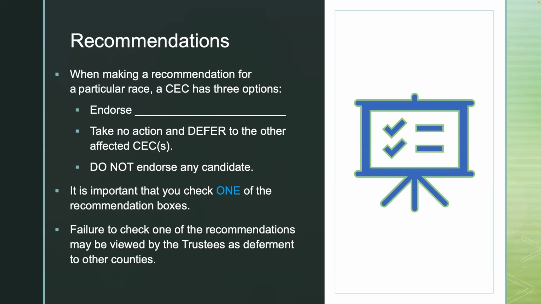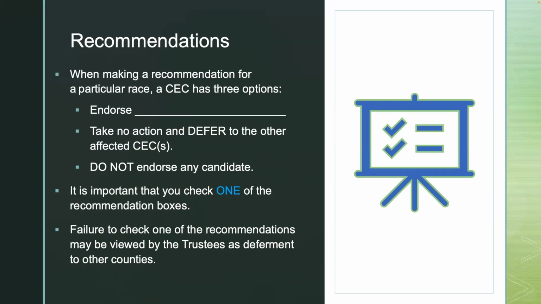So if a particular race, be it a legislative race or a congressional race or a statewide race, is impacting numerous counties, a county may decide we're not going to take any action in this particular race, and we will simply defer a recommendation to another county that may choose to make a recommendation, but we're not going to put a voice in on this particular race.